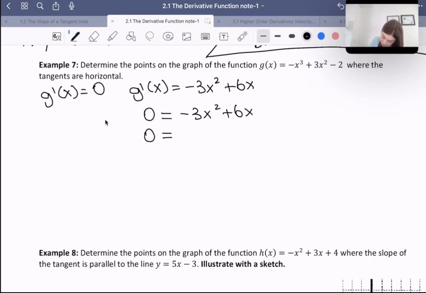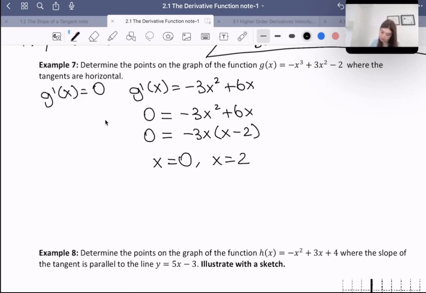So therefore 0 is equal to negative 3x times x minus 2. So therefore, using our zero product property, we can say therefore x is equal to 0 or x is equal to 2, right?